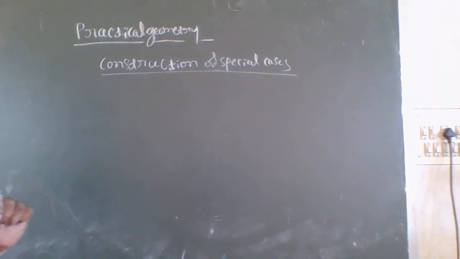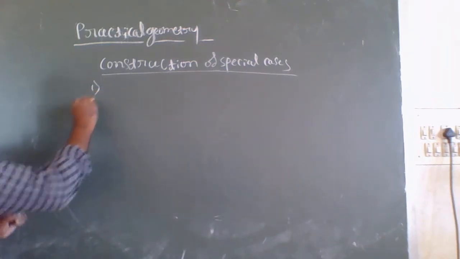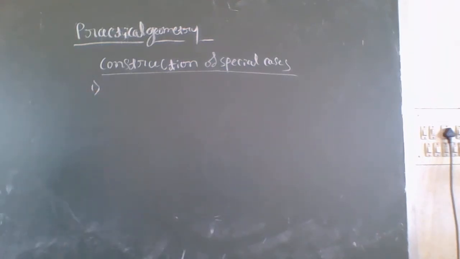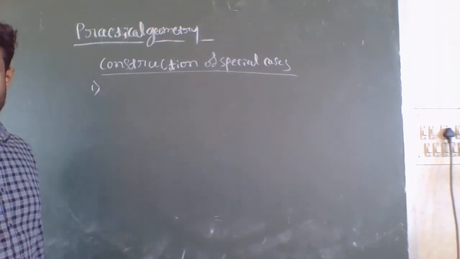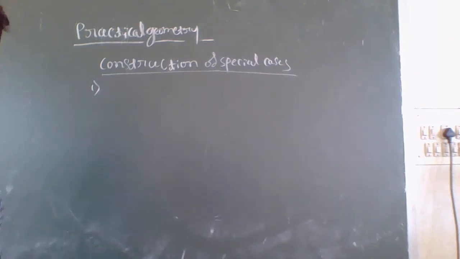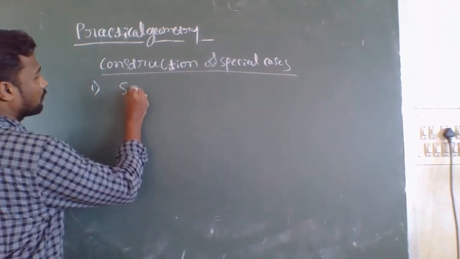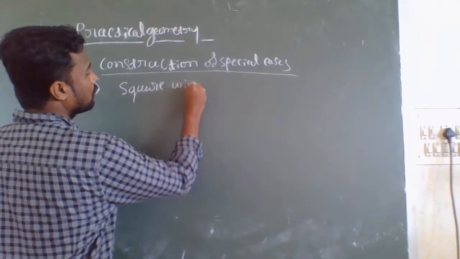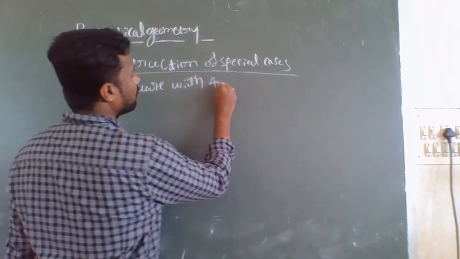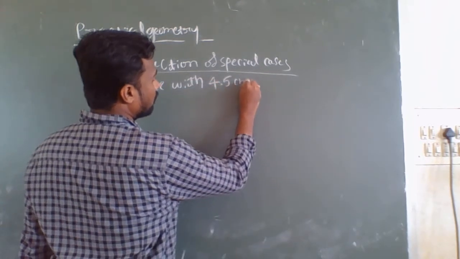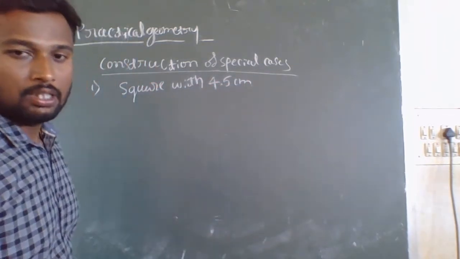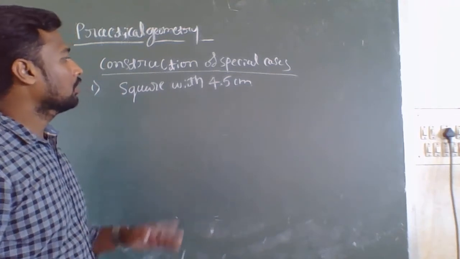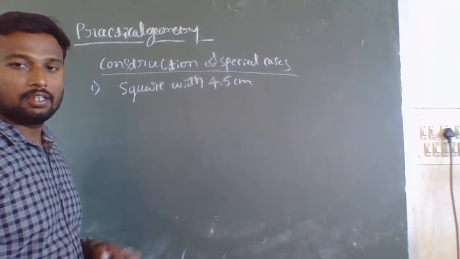So special cases means here in example 1, what they have given, square with 4.5 centimeters. So here they have not given all the sides and any of the angle.